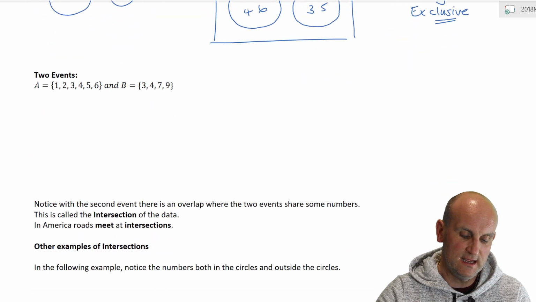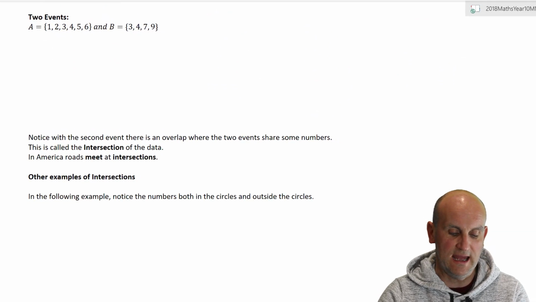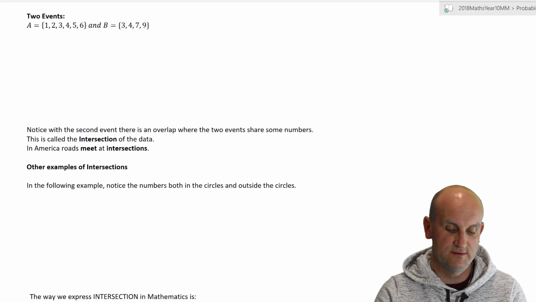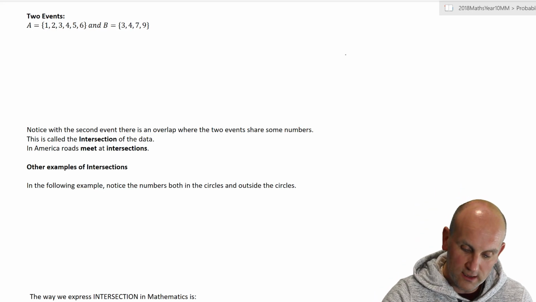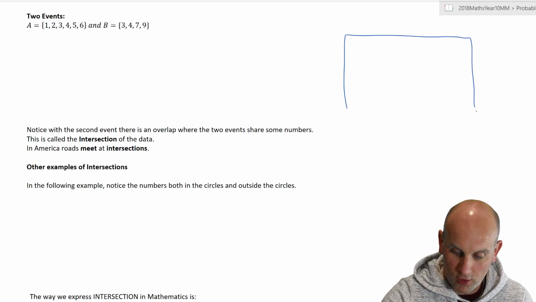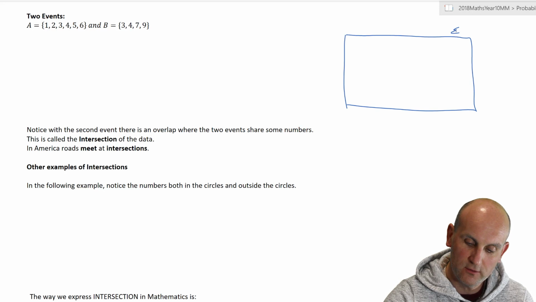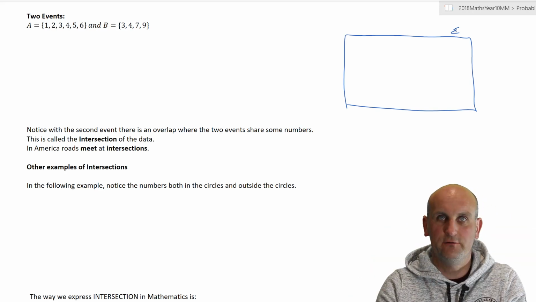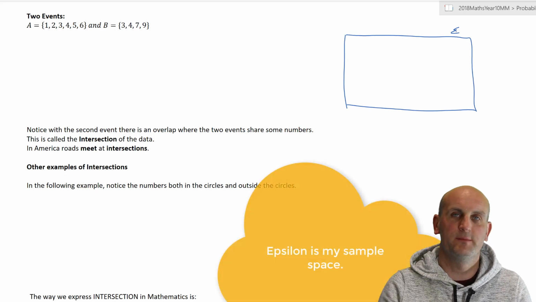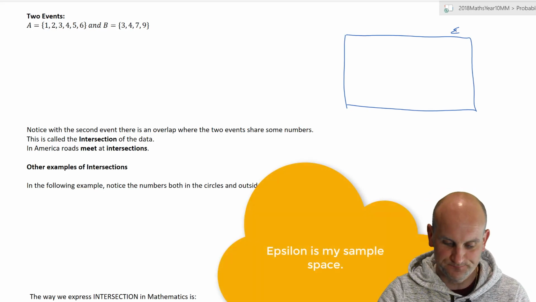Then we move to the idea here where we've got two events, A, which has the numbers 1, 2, 3, 4, 5, and 6, and B has the numbers 3, 4, 7, and 9. Now I'm going to draw it over here for a second because I'm actually going to draw it wrong first. So there's my circle, there's my epsilon. Now epsilon just stands for that rectangle is going to contain all of my possible outcomes. That's what the epsilon stands for.